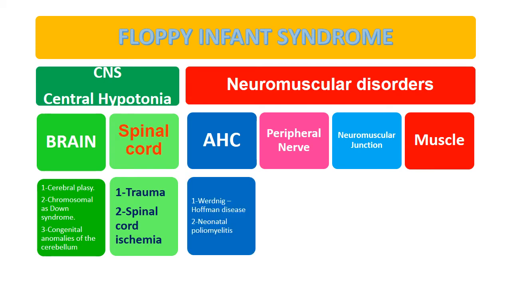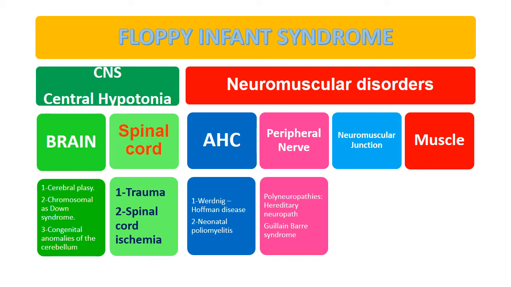Neuromuscular causes of floppy infant could be anterior horn cell lesion like Werdnig-Hoffmann disease and neonatal poliomyelitis. Also, peripheral nerve lesion could be a cause for floppy infant syndrome. Mostly it is hereditary neuropathy, and rarely it is Guillain-Barré syndrome.